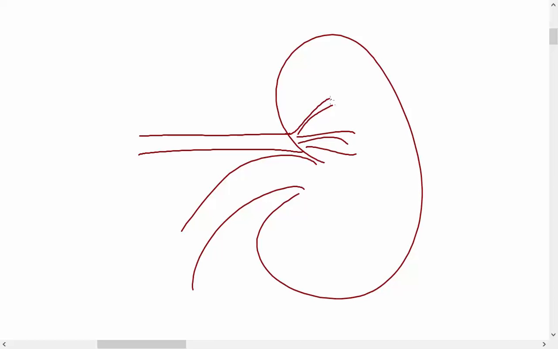If one of these branches gets blocked, what happens? It will go for infarction. If emboli come and it gets blocked, it is very fast, right? It is very fast.